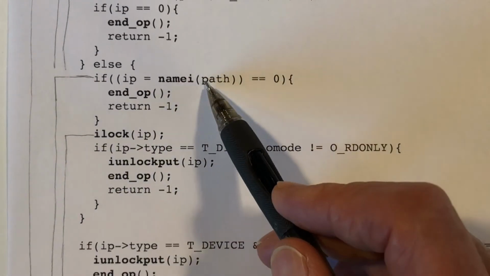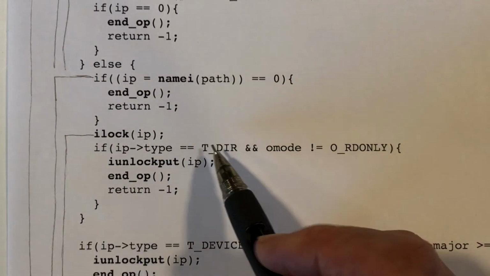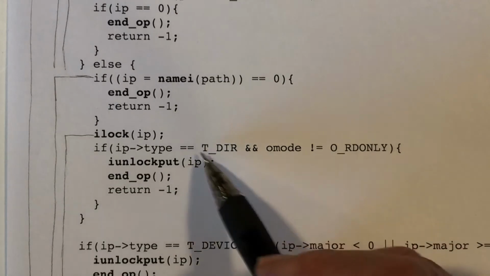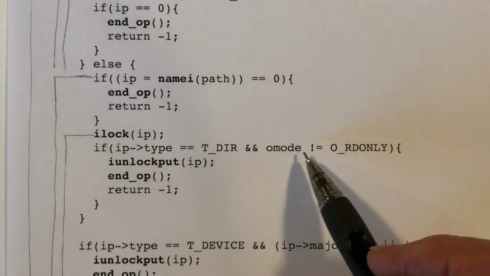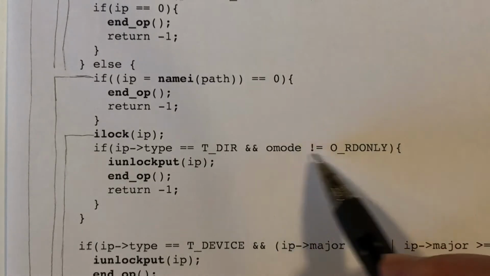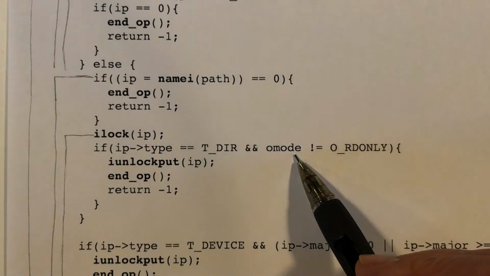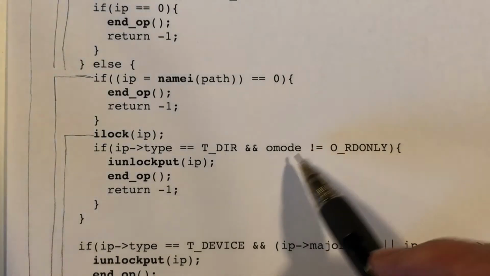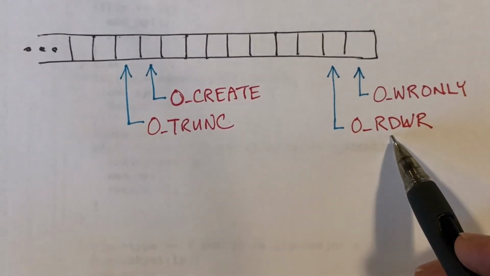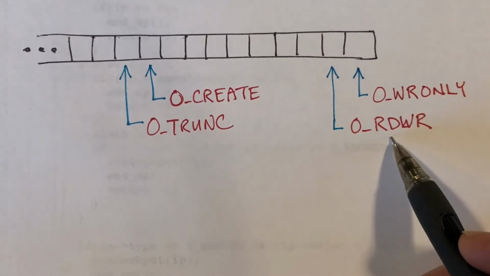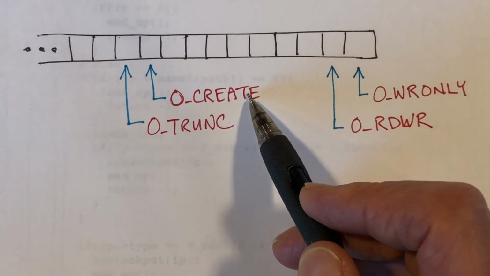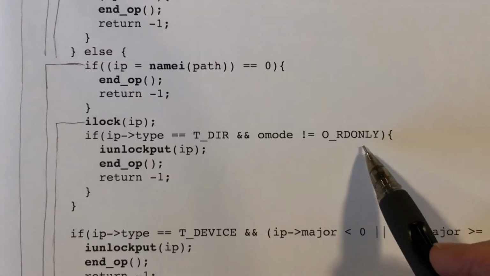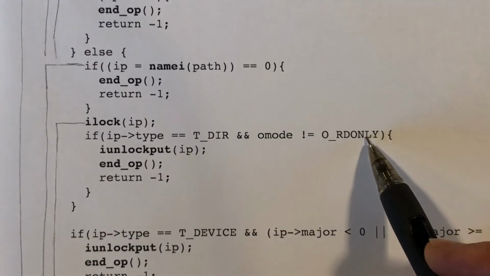If the file already existed, then we check to see if it's a directory file. We're allowed to open directory files, but only in read-only mode. So here we're checking to make sure that the flags word is all zeros. That is, the write-only or the read-write flags are not set. We're not trying to create it, and we're not truncating it. So we're only allowed to open it in read-only mode.